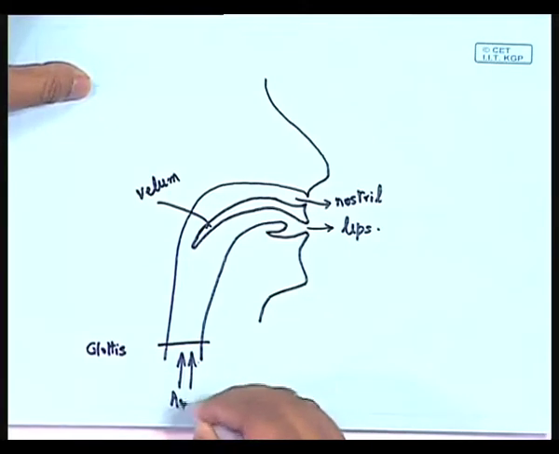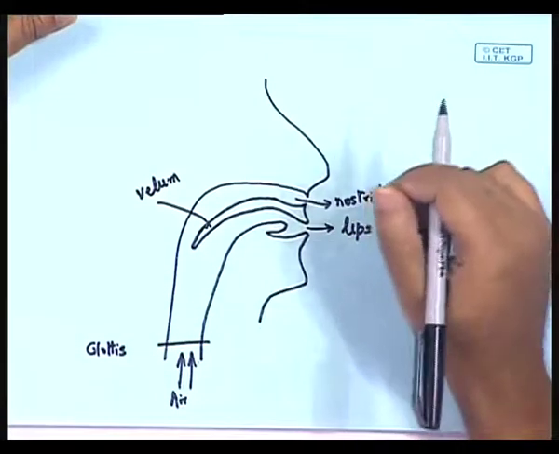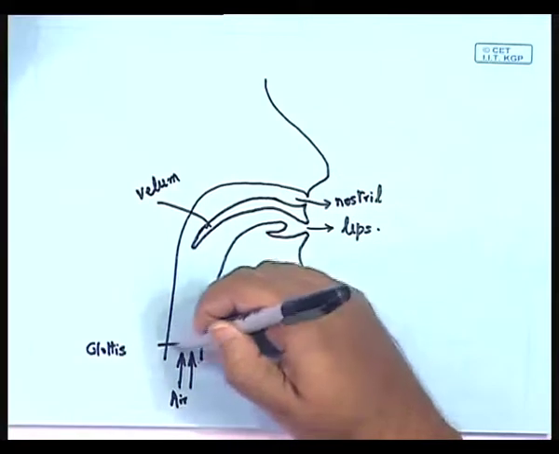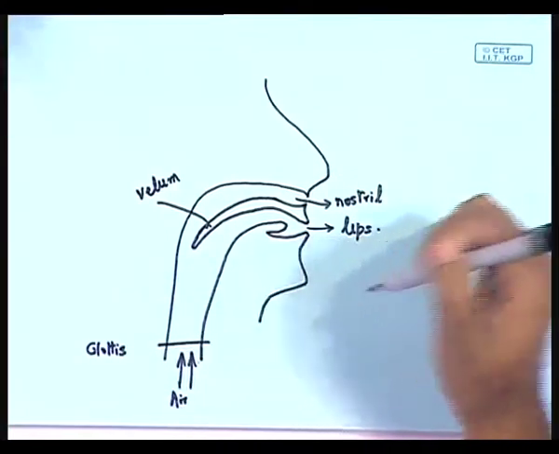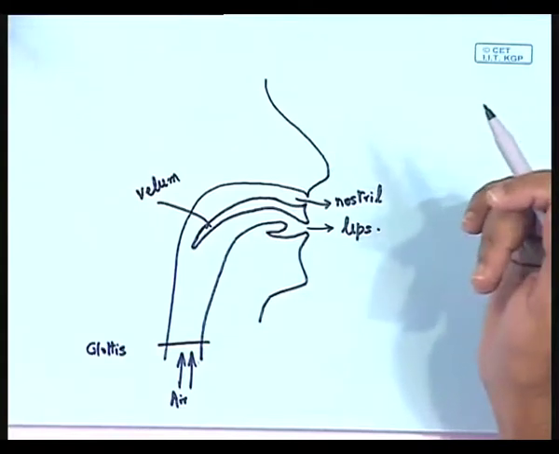So this is the passage through which the air flows, and what I have shown as the glottis is effectively the opening that we have at the vocal cords. In fact, that opening is periodically controlled. It opens and closes periodically, not exactly periodically, rather in a quasi-periodic manner.